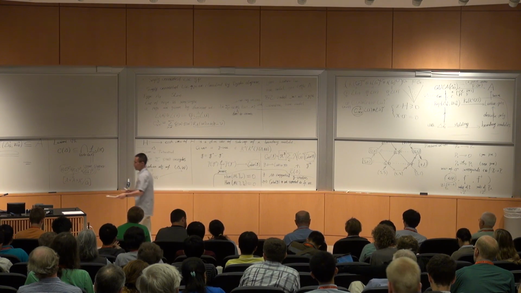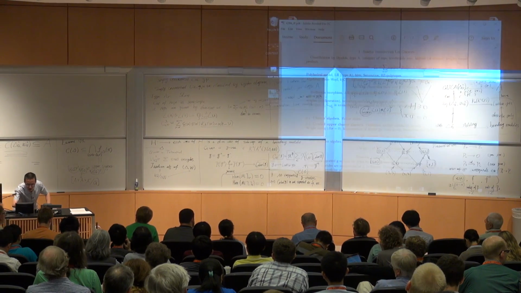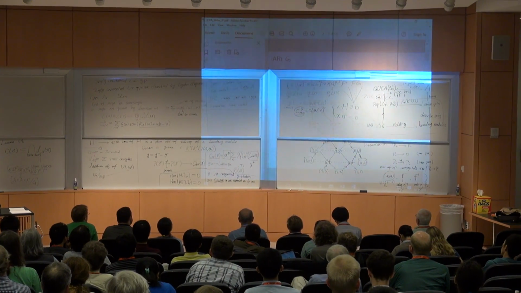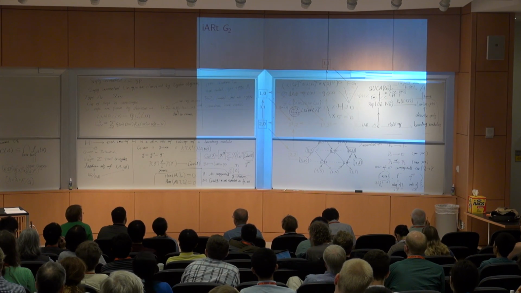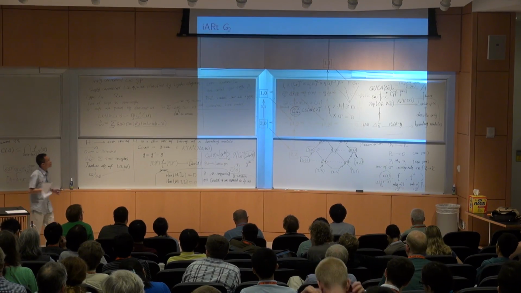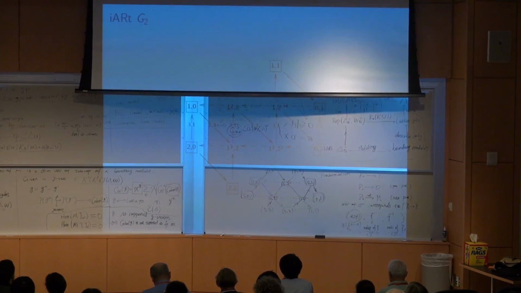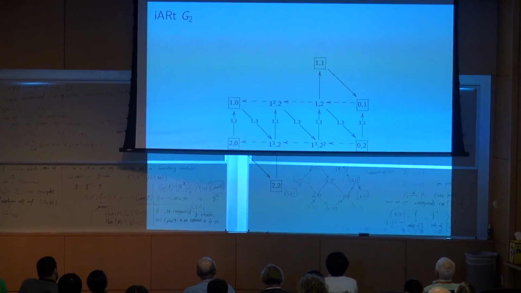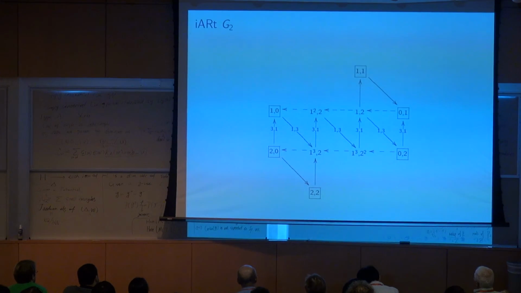So finally, I will show you slides, the case of type A. And in type G2, this is a valued quiver.